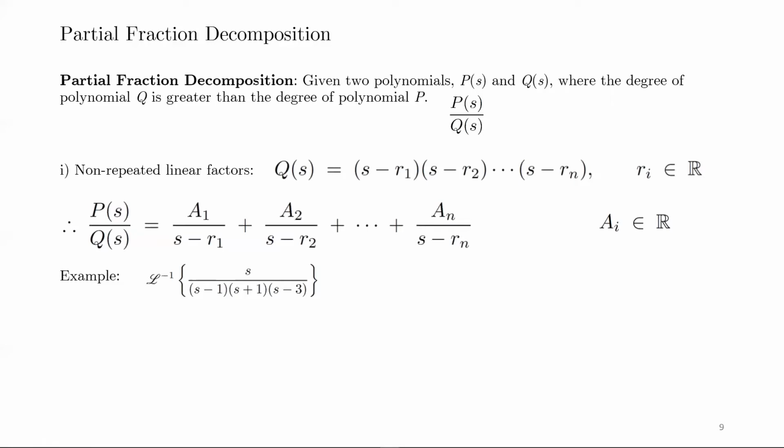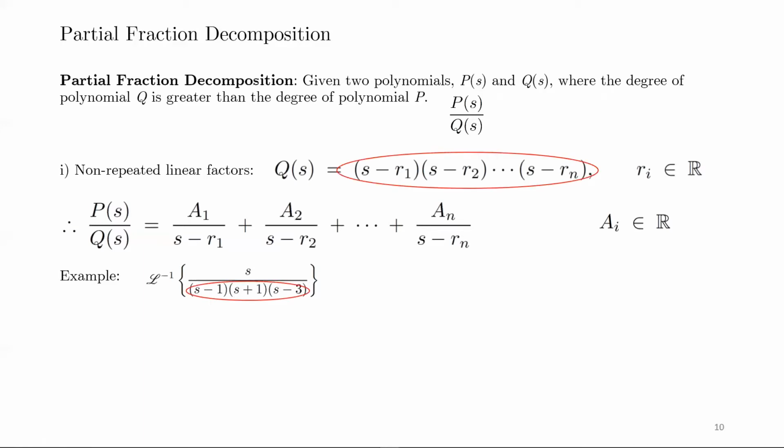We want to find the inverse Laplace transform of s divided by s minus 1 times s plus 1 times s minus 3. The degree of the polynomial on the numerator is 1, and the degree of the polynomial on the denominator is 3. So this is really saying, let's use partial fraction decomposition.